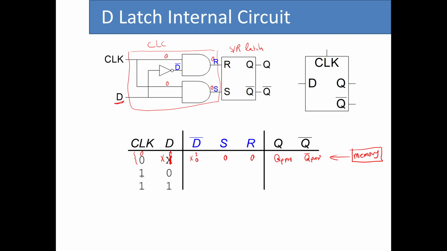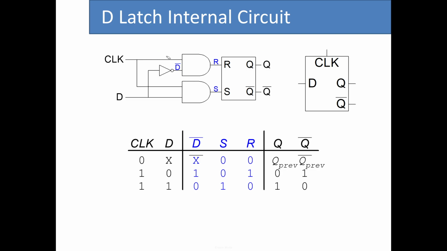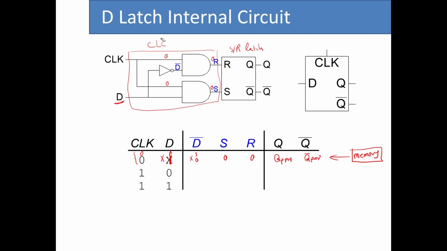So when clock is 1, and here also when it's 1, and then when D is 0, that makes D bar to be 1.